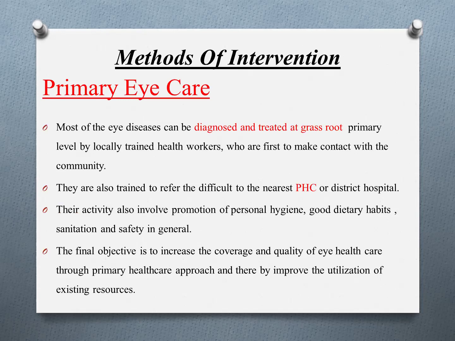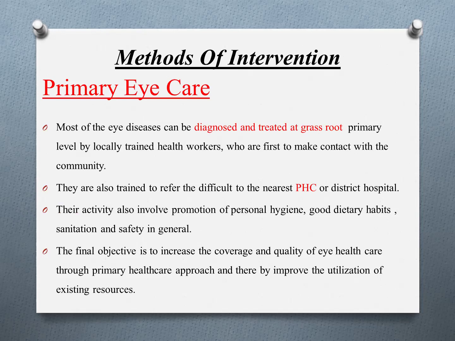Most eye diseases can be diagnosed and treated at the grassroots level, as we know it, the primary level, by locally trained healthcare workers who are first to make contact with the community. That's where most of the diagnosis and investigations happen. They are also trained to refer the difficult cases to the nearest PHC or district hospitals.